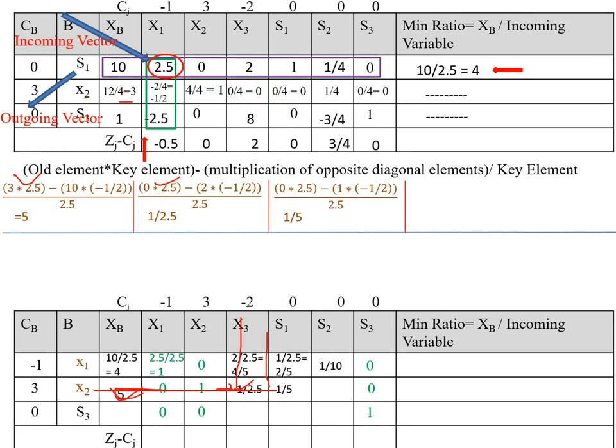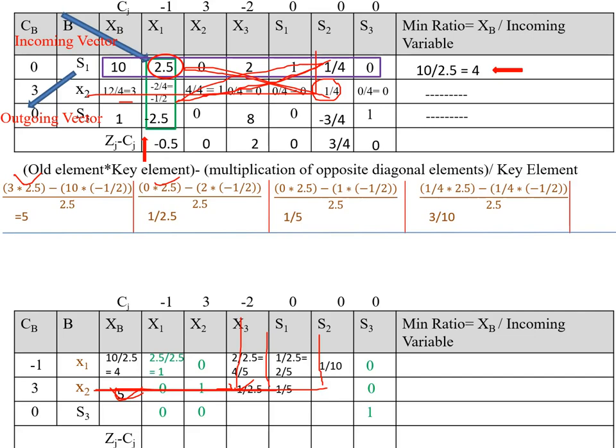So next similarly, old element is the x2 and s2. So x2 and s2 value is the 1 by 4, and the key element is the 2.5 here, and opposite diagonal element is the 1 by 4 into minus 1 by 2. So here 1 by 4 into 2.5 multiplication.